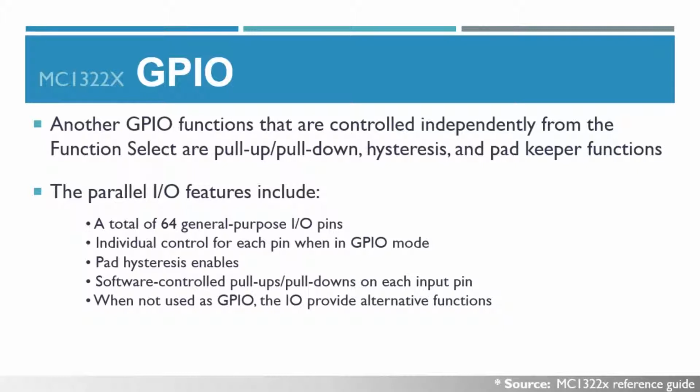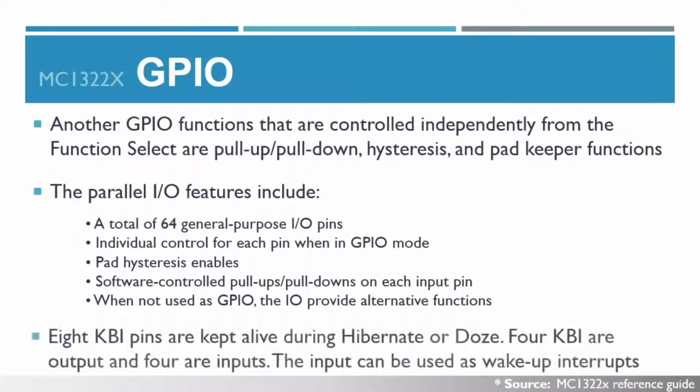When not in use as GPIO, the I/O provides alternative functions. 8 KBI pins are kept alive during hibernate or doze, 4 KBI are output and 4 are input. The input can be used as wake-up interrupts.